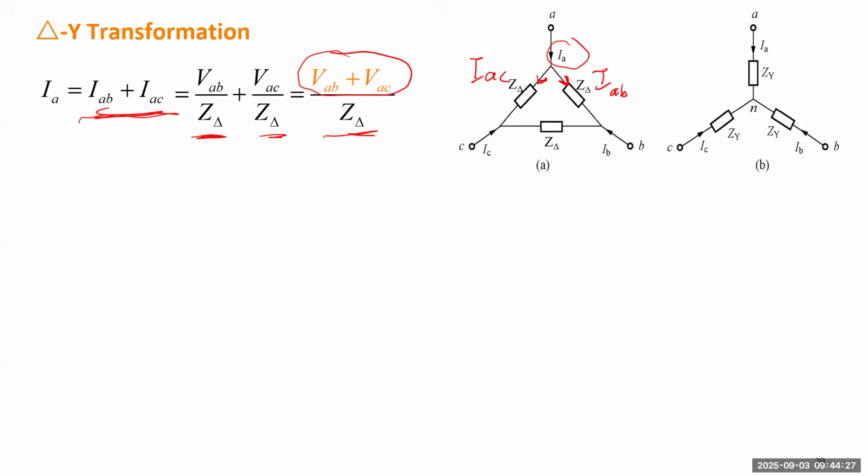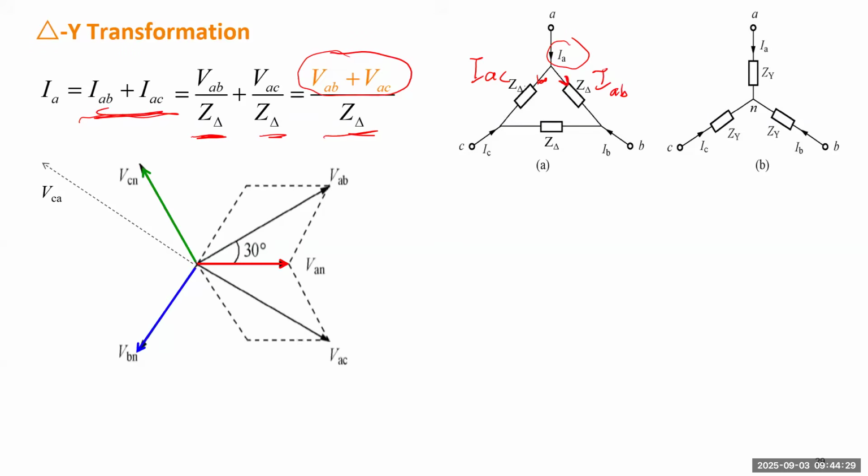So we want to understand what this phasor is, so we can utilize the phasor diagram. In the phasor diagram, we use VAN, the phase A voltage, as the reference. We have proved VAB will be leading VAN by 30 degrees, right? VAC is symmetric about VAB, and will be lagging VAN by 30 degrees, but they have identical lengths.